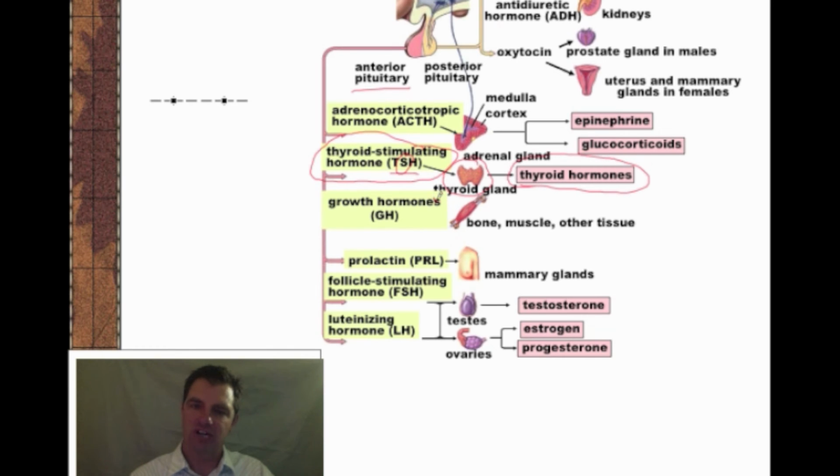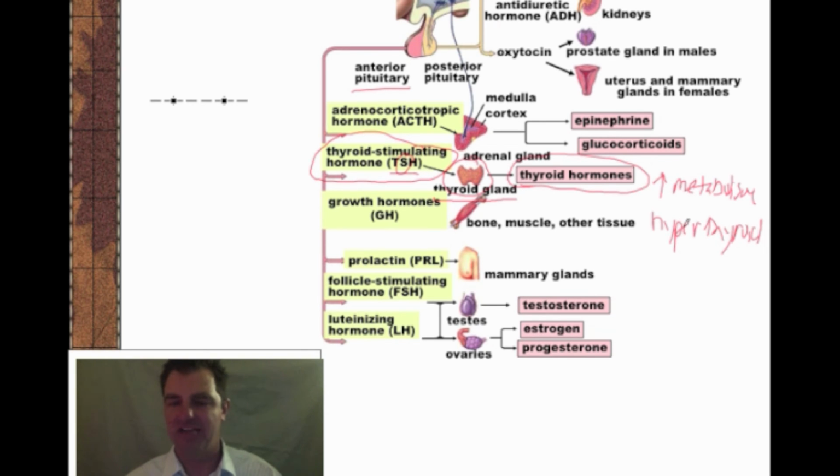Your thyroid gland, which sits in your neck, kind of right above your trachea there, when it releases thyroid hormone, tends to increase your metabolism. So with high levels, if you're hyperthyroid, you tend to have a higher metabolic rate, and therefore you'll be burning more calories.